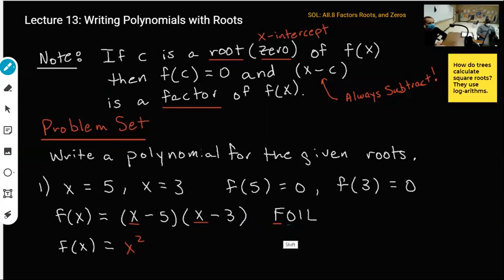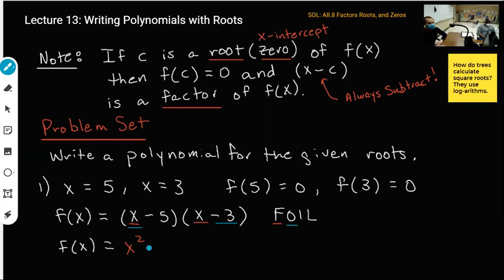That would be this O over here. And the O is going to stand for outer or outside, right? So I need to underline in blue the outside terms. Well, if I'm looking on the outer rim or the outside, I'm going to choose x and -3.